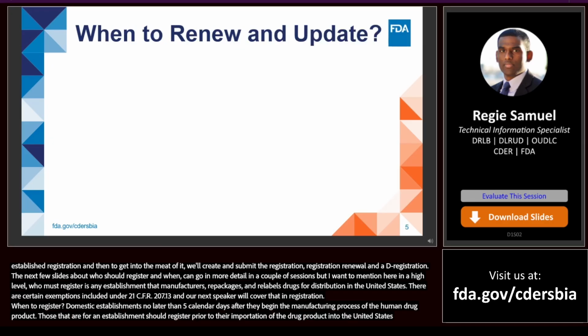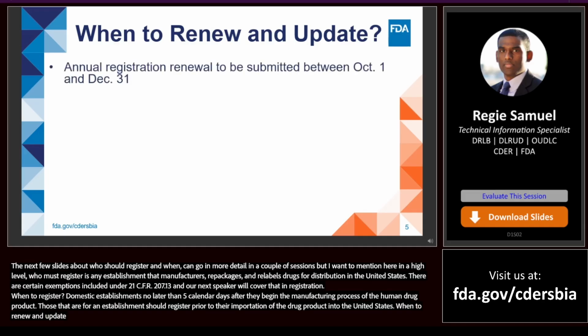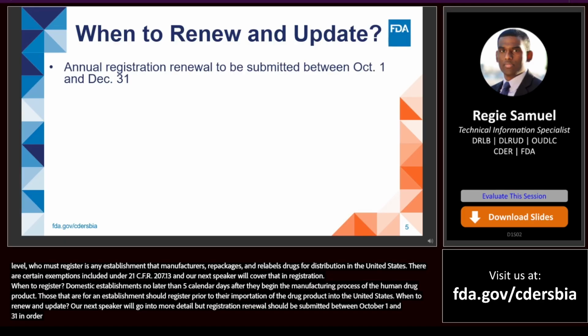When to renew and update, Tasneem will go into much more detail, but registration renewal should be submitted between October 1 and December 31 in order for that establishment or establishments to be current through the following calendar year.